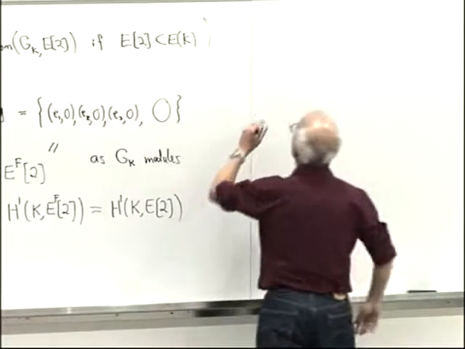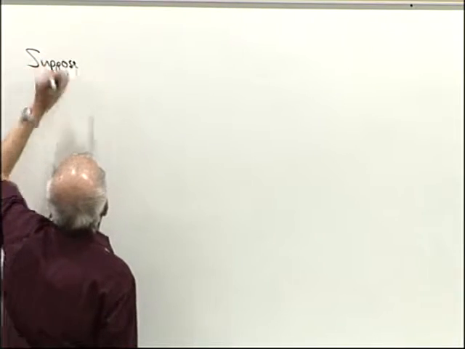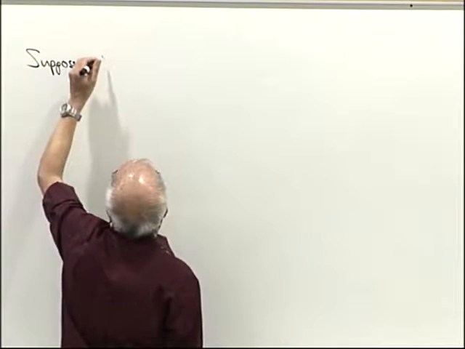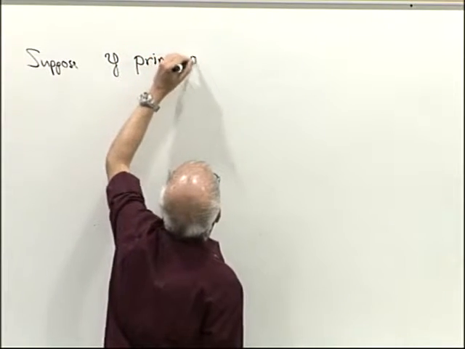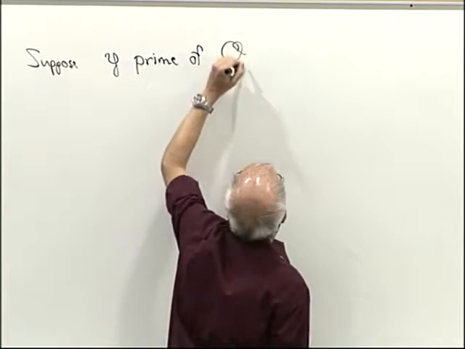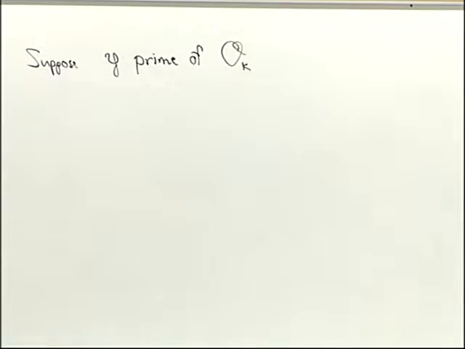So suppose we have a prime P of the ring of integers of K, and I'm going to stay away from all the primes of bad reduction and any other finite set you like.